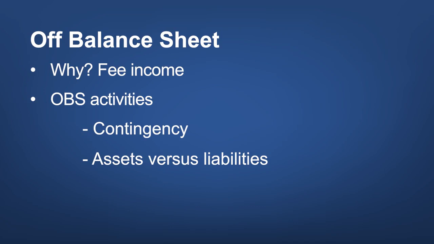This means that when an event occurs, the off-balance sheet item has a material impact on the bank's balance sheet or cash flows. An off-balance sheet asset moves onto the asset side of the balance sheet or affects the bank's income when a pre-specified event occurs.